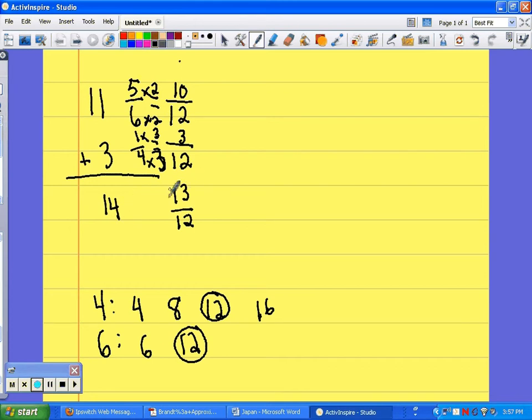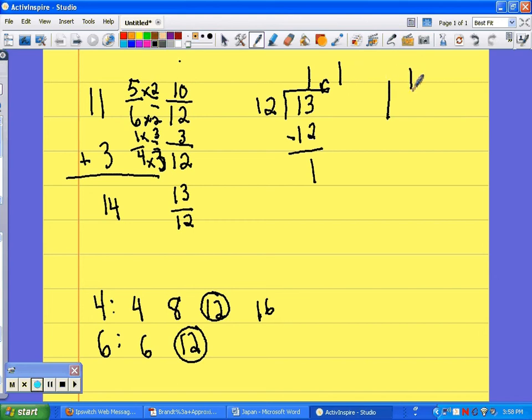Now this fraction is an improper fraction, so we're going to turn that improper fraction into a mixed number by dividing. We can make one group of 12 from 13, and there will be one left over. So our fraction will be 1 for a whole number.